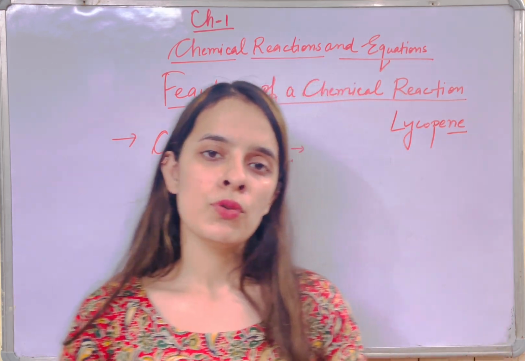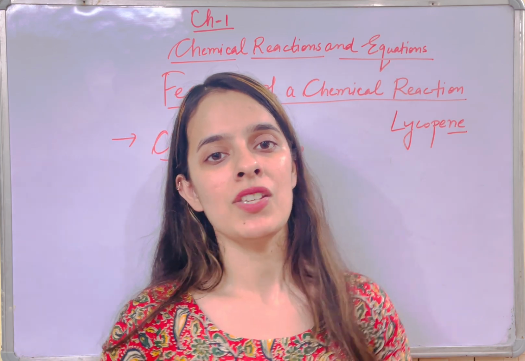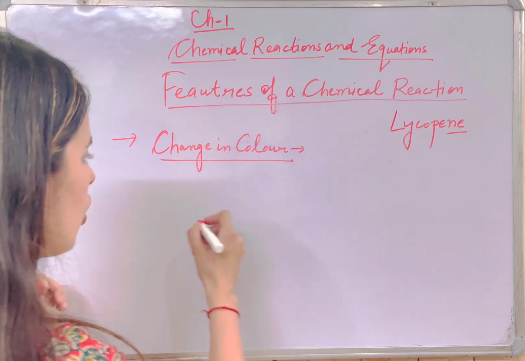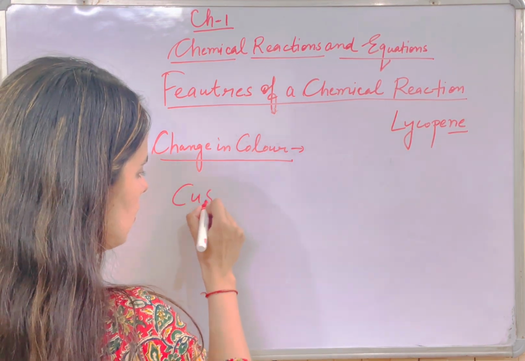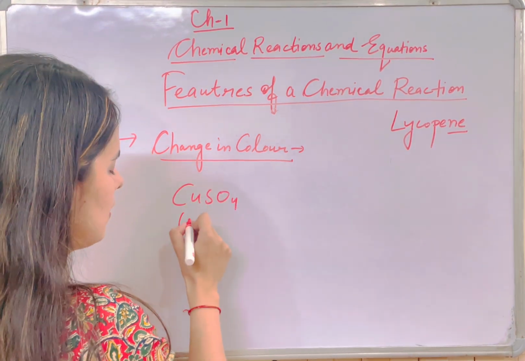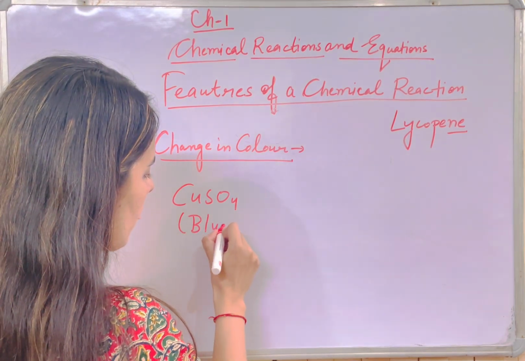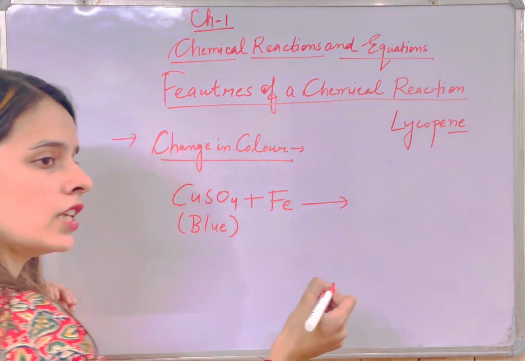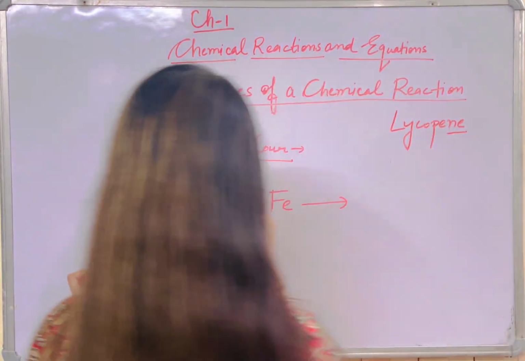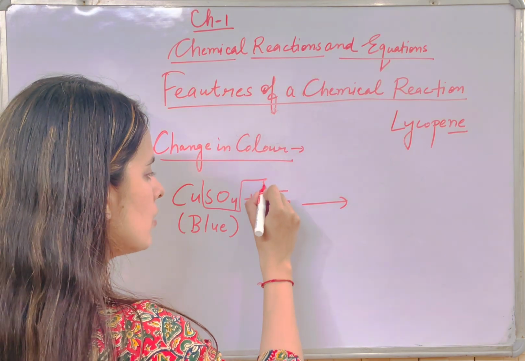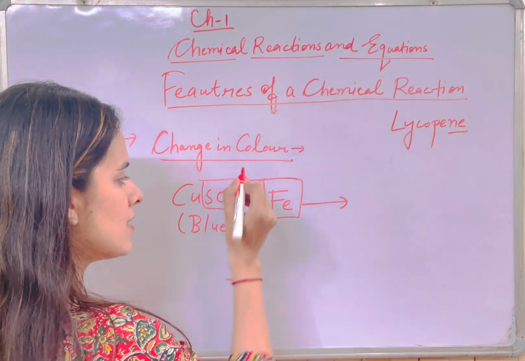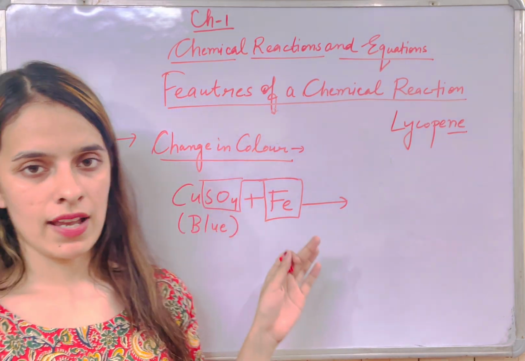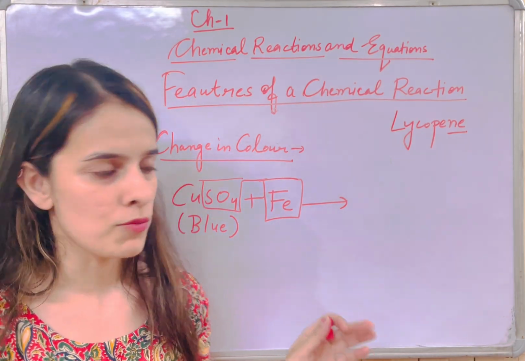If I have to explain in chemistry, with the help of a chemical reaction, then we can take the example of copper sulfate. The color of copper sulfate is blue. When it reacts with iron, I will be explaining this reaction to you in later classes. For the moment, just understand how this reaction occurs and what compounds are formed.